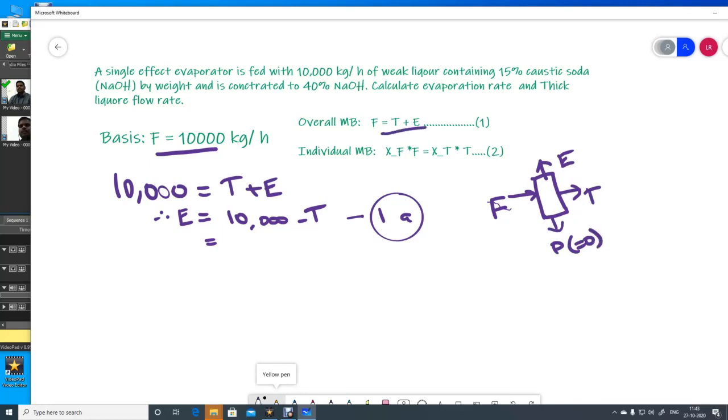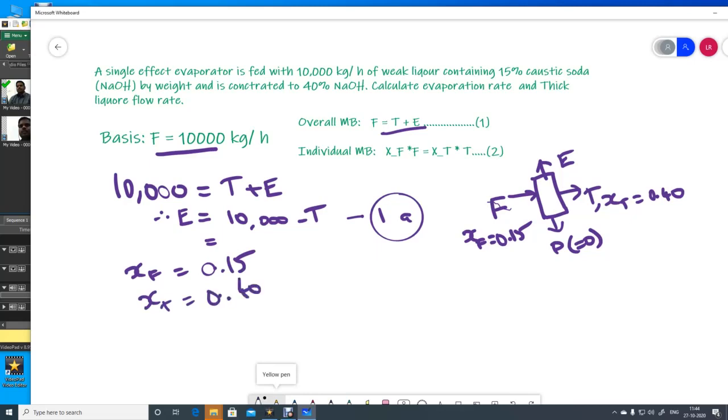That is why the overall material balance is F equal to only T plus E. XF is 0.15 because the feed is 15% caustic soda, and XT is the amount of caustic soda present in the thick liquor, that is 0.40. Remember, in a crystallizer we use the term mother liquor. Here we use only thick liquor. Whether we say mother liquor or thick liquor, it means the concentrated product.